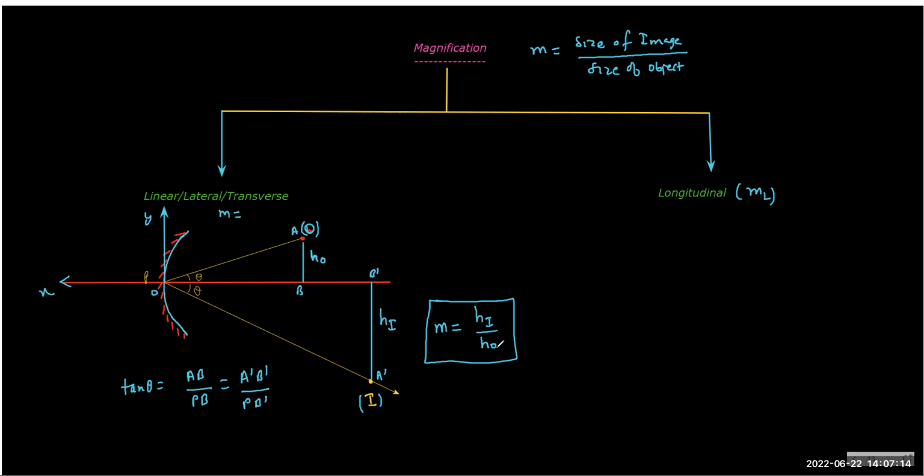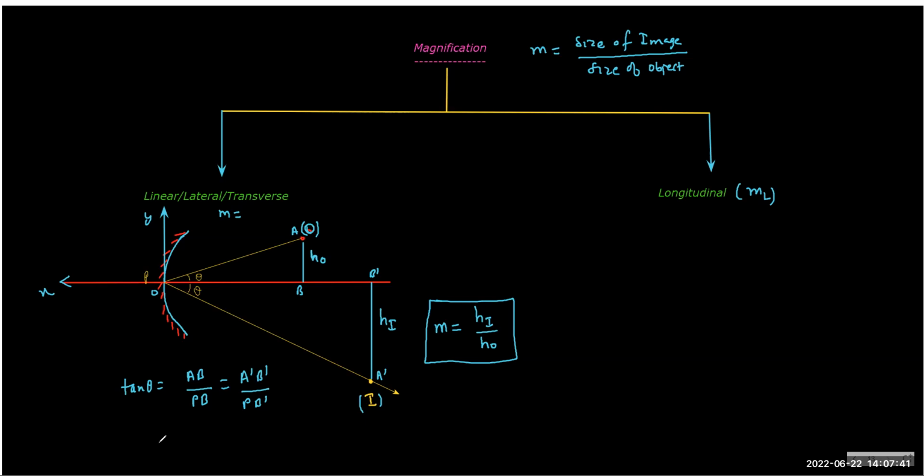And if real forms virtual, the magnification must be positive because it will never invert, it will keep it erect. So if the object and image have similar orientation, both up or both down, the magnification will be positive. If they have inverted orientation, like one up, other down, or vice versa, the magnification will be negative. But let's see how to derive this easily.